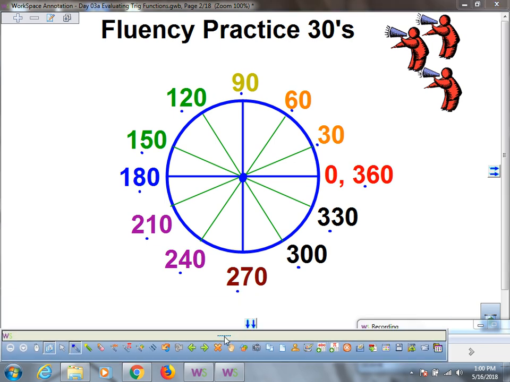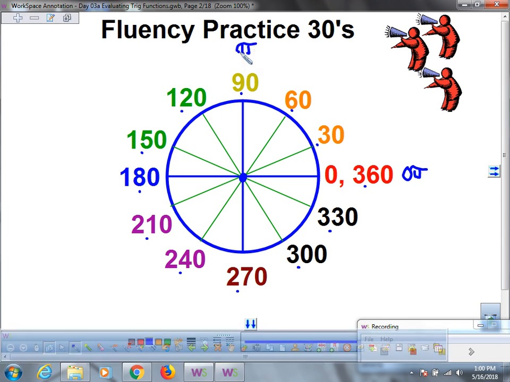So let's do our benchmarks first. So this is 0 pi. This is half, 1/2. Let's do it consistent. Pi over 2. This is pi. So if that's 1/2, 2/2, 3/2, and 4/2, which is 2 pi.